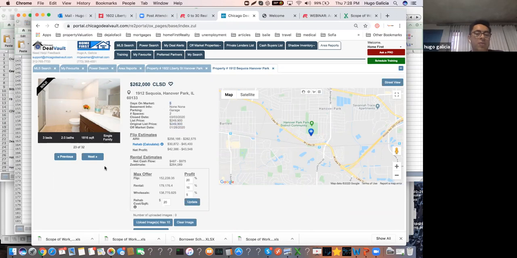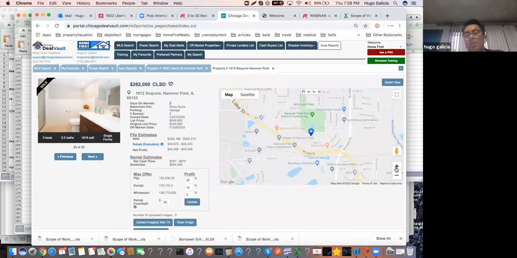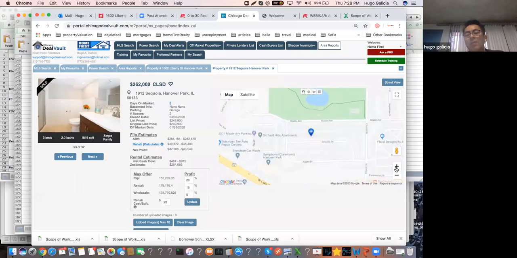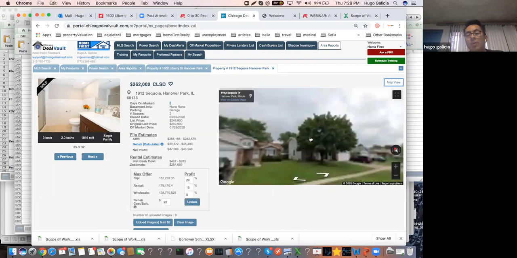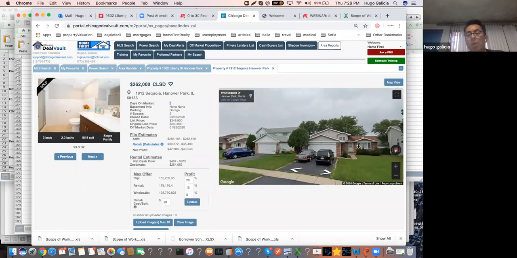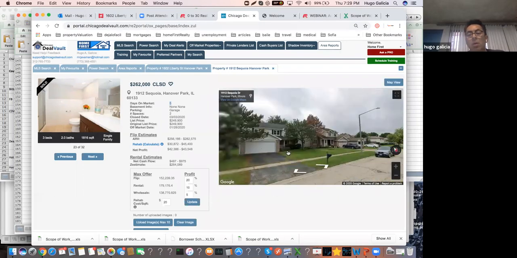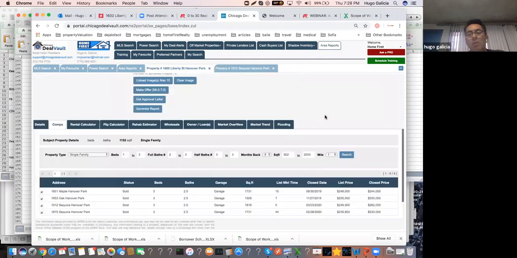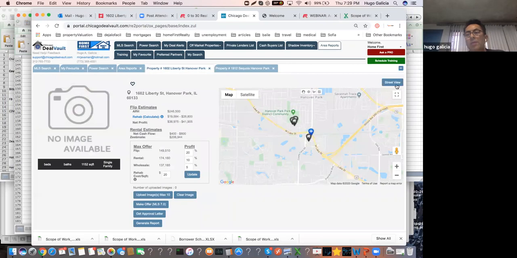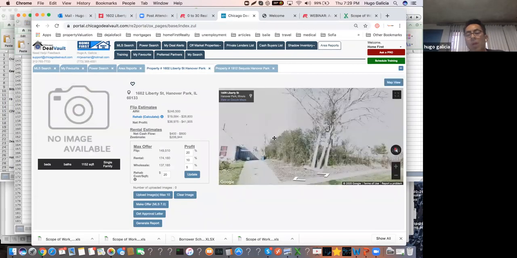But you saw the difference, right? So the one that we were looking at, and look at the location of this property, right? So it's nowhere near busy streets, right? So this is good location. If I do the street view, you know, pretty nice property. That is why the subject property we were looking at is not gonna price nowhere near that one.